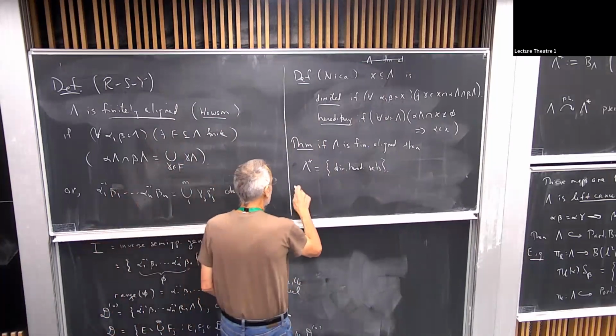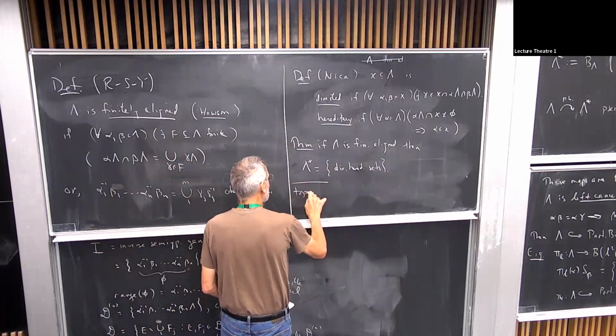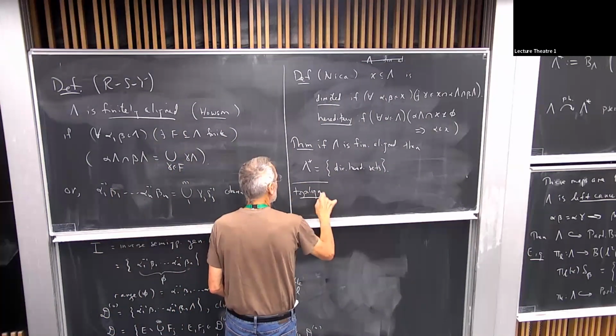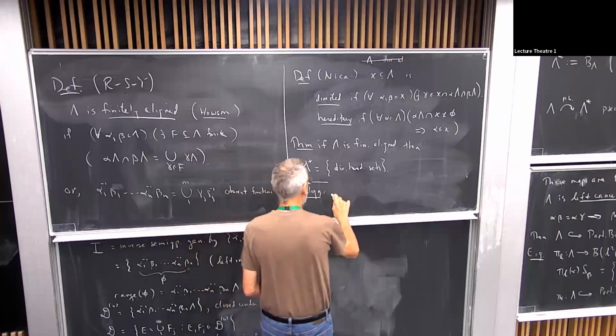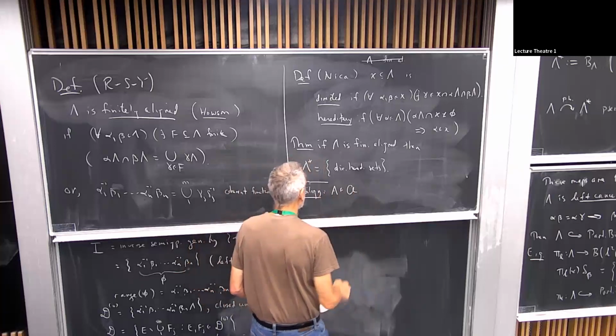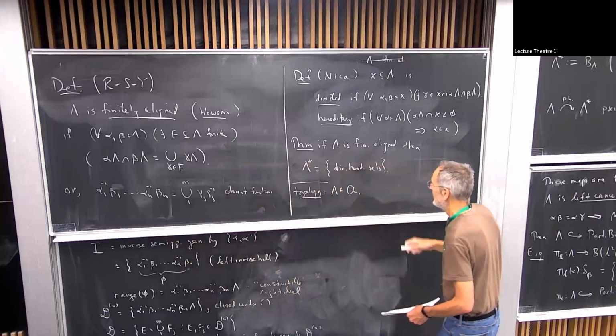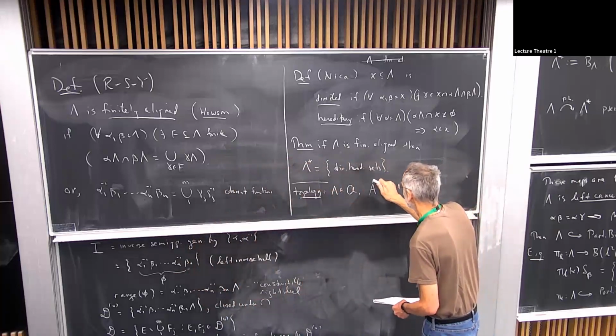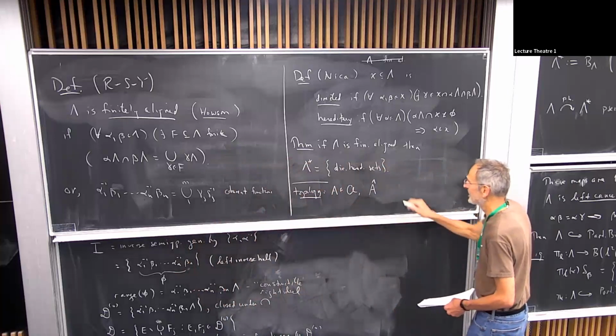Now, let me just mention the topology in this context. If we take a set A from our script A, then I can define a subset of lambda star I'll call A hat.